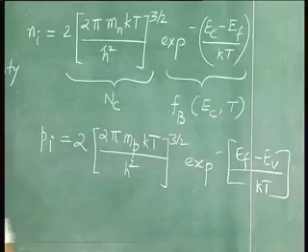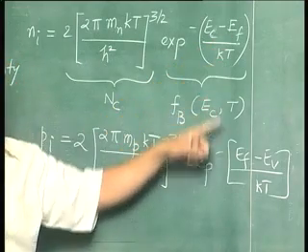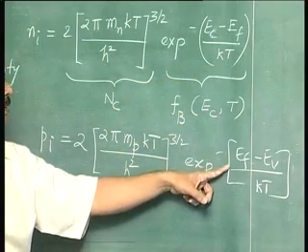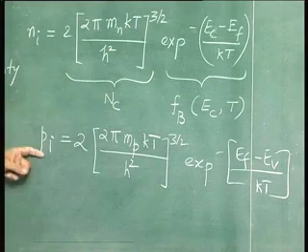Now we can eliminate the Ef between these two results by simply multiplying Ni and Pi.